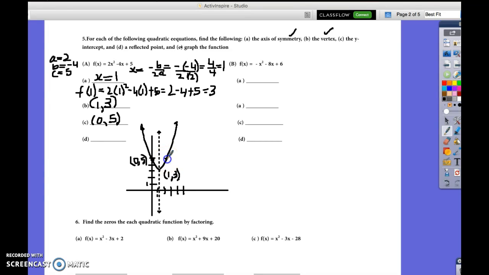And this reflected point, what is going to be the coordinates? Well, it's going to be 1 unit to the right of the axis of symmetry and 5 units up, just like the y-intercept. So what's this going to be? 1, 2, and then 5 up. So it's going to be 2, 5.